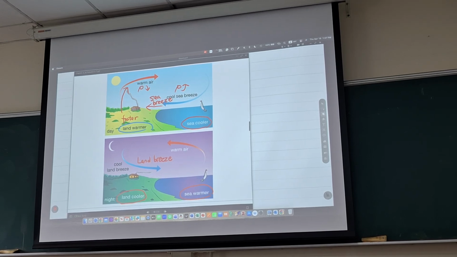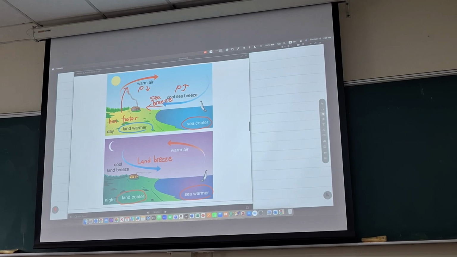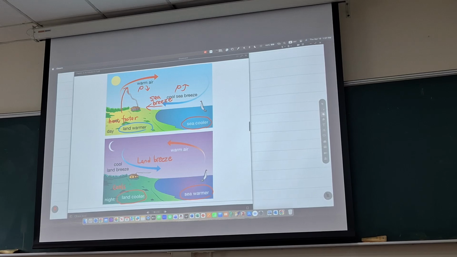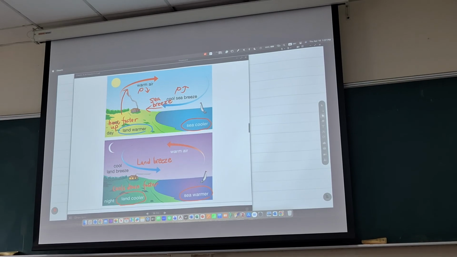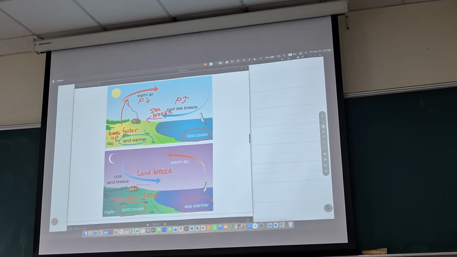At night, the land cools down faster than the sea, and the sea stays relatively warmer than the land.